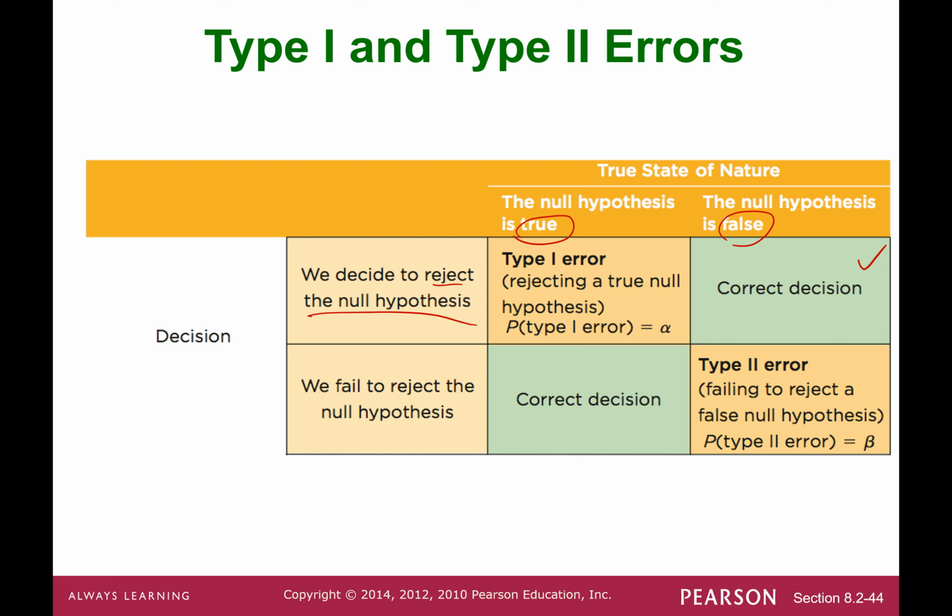If we fail to reject the null hypothesis and it is true, then this is also a correct decision. If we fail to reject a null hypothesis, however, and it is false, then you're making a mistake. This is a type 2 error. The probability of a type 2 error is beta. The probability of a type 1 error is alpha.